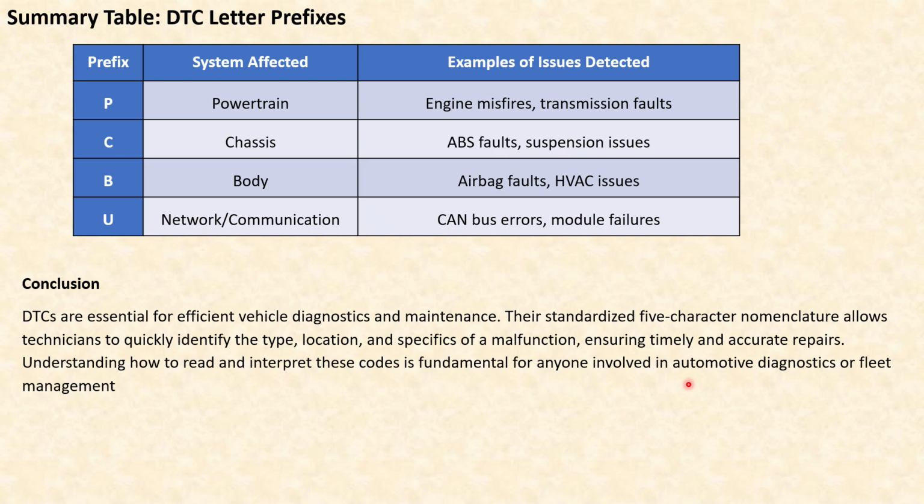By reducing downtime and making sure the technician understands the problem of the vehicle as soon as possible. Understanding how to read and interpret these codes is fundamental for anyone involved in automotive diagnostics or fleet management. So this chapter clearly explains the DTC nomenclature. Thank you.